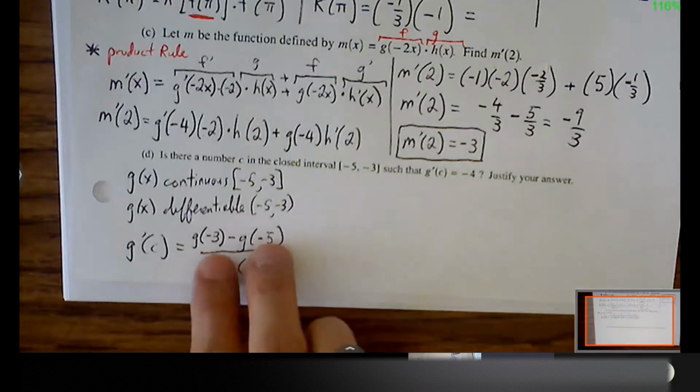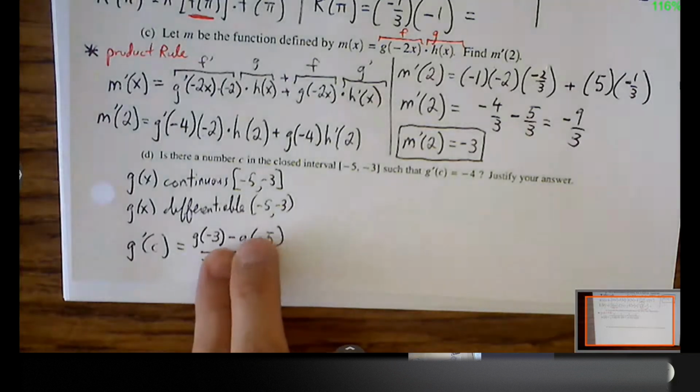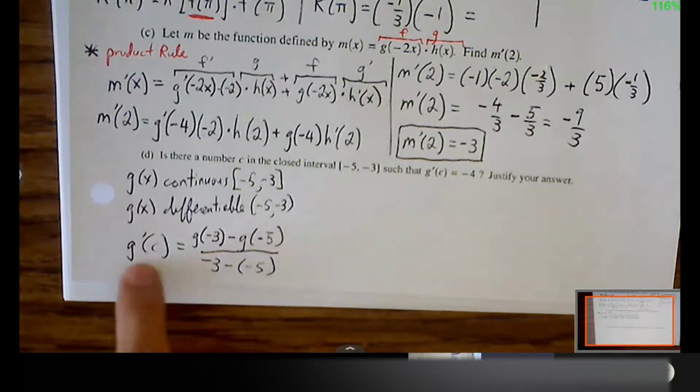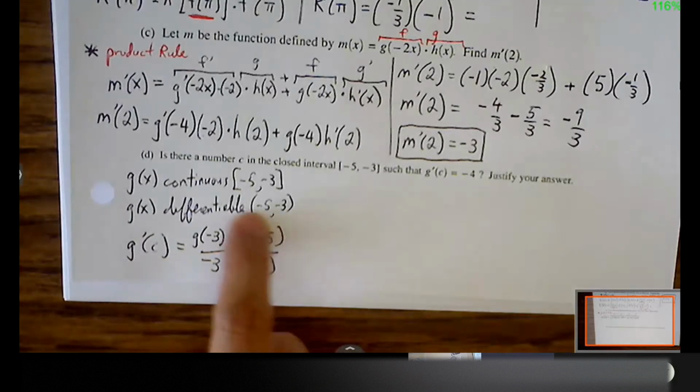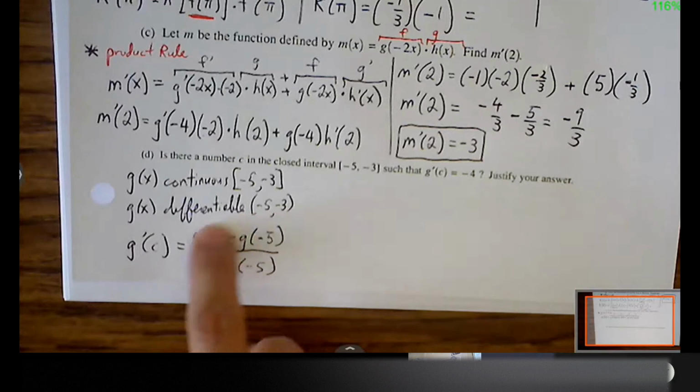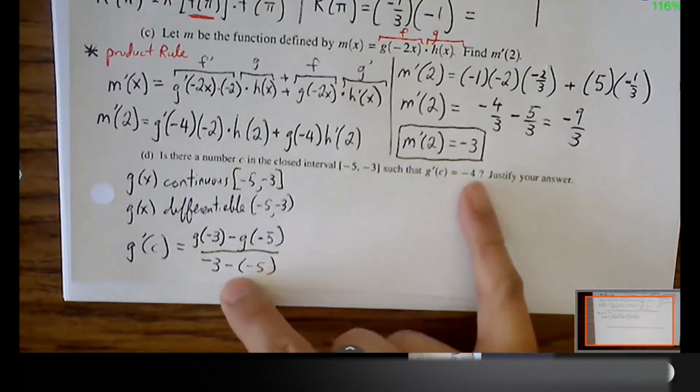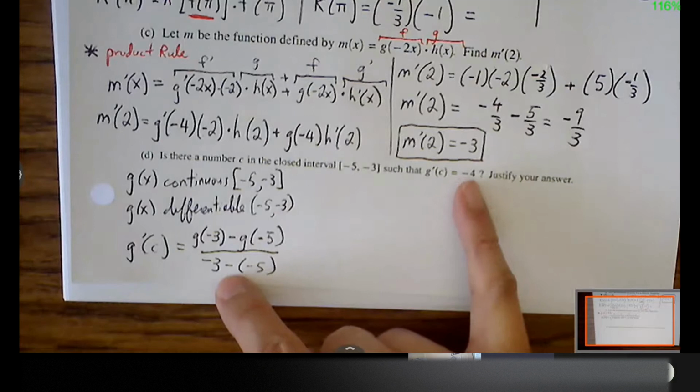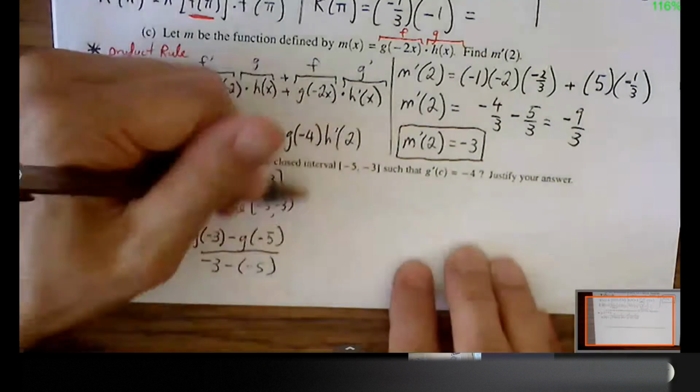If the slope between the endpoints produces -4, then we know there must be an exact slope of -4 somewhere along the curve. So now we can turn our attention to this, to produce a value that can allow us to guarantee that.